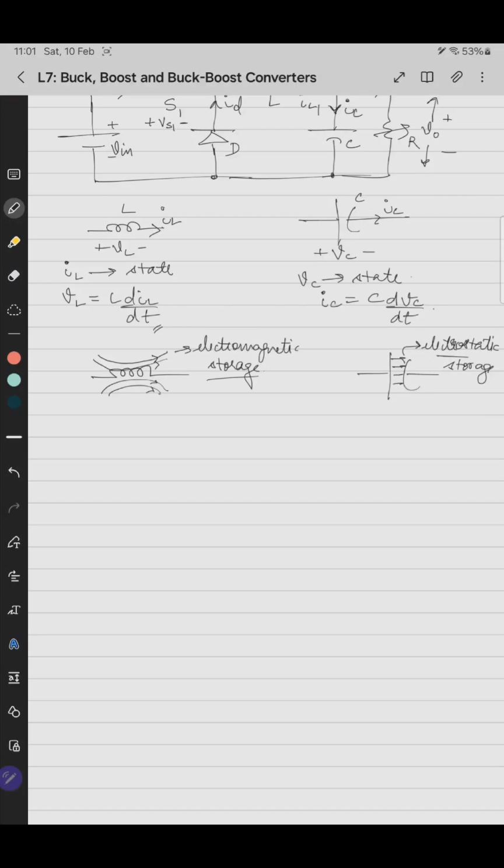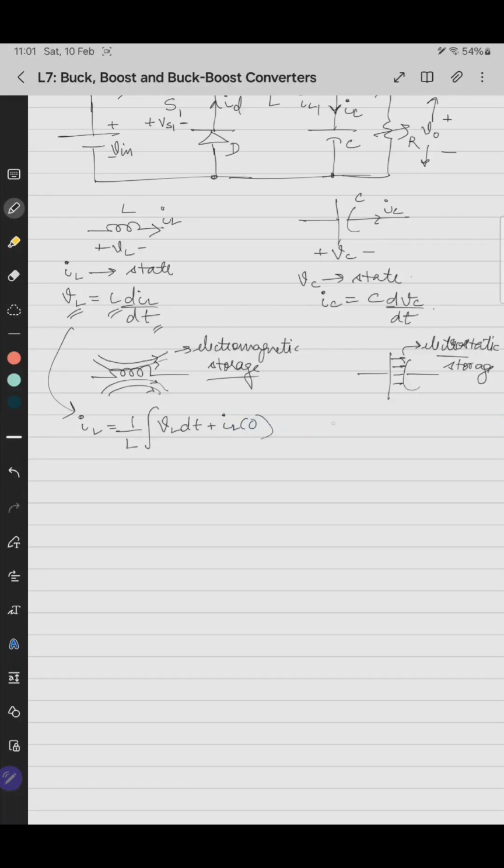The expected change of current, let's say, is from IL1 to IL2. The inductor will not allow sudden change in it. It will be governed by the inductance, and by the voltage drop across this inductor. So we write IL of t is 1 by L integral VL dt plus IL of 0.